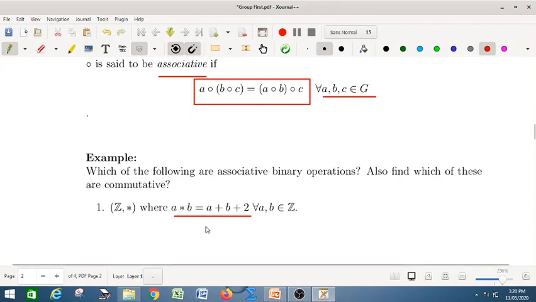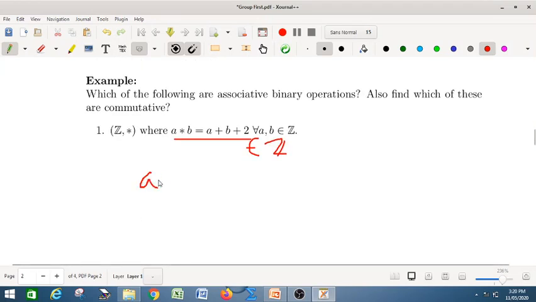Look at that, the binary operation is closed because A belongs to Z, B belongs to Z, so A plus B plus 2 belongs to Z, because this is also an integer, so Z is closed under the binary operation star. Now A star B equal to B star A. Clearly this is commutative because it will be B plus A plus 2. So the commutative property is very easy to verify, and the operation is commutative.